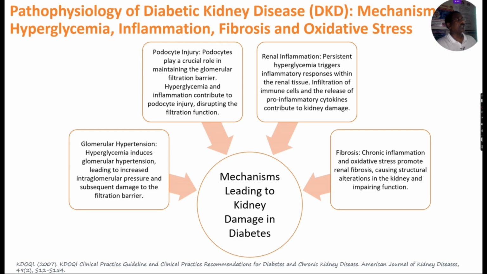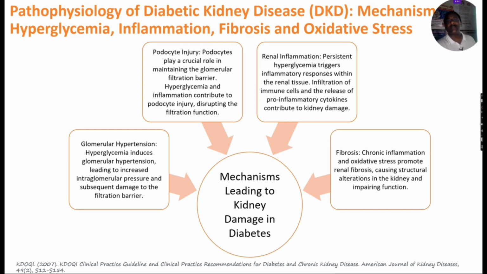Once the filtration function is disturbed, there won't be good filtration. Obviously, a lot of the excretes may not be excreted through the kidneys, so they enter the bloodstream and cause uremic symptoms.